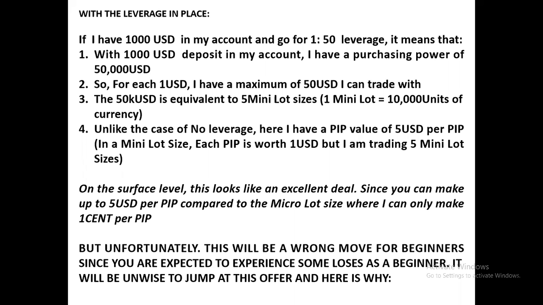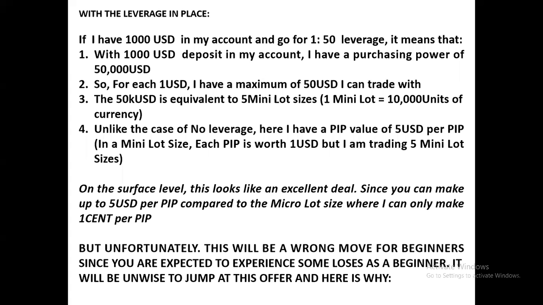Now, in the bracket, I said 1 mini lot is equivalent to 10,000 units of currency. Don't forget, I have $1,000, but they are giving me 50,000. That means by giving me this 50,000, I'm already operating on a mini lot size. That means 50,000 US dollars gives me a value of 5 mini lot sizes, where a mini lot size is equal to 10,000 units of currency.